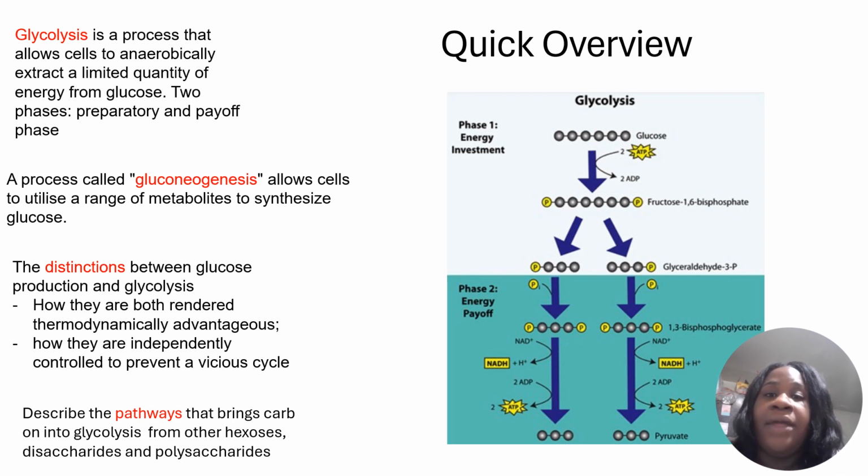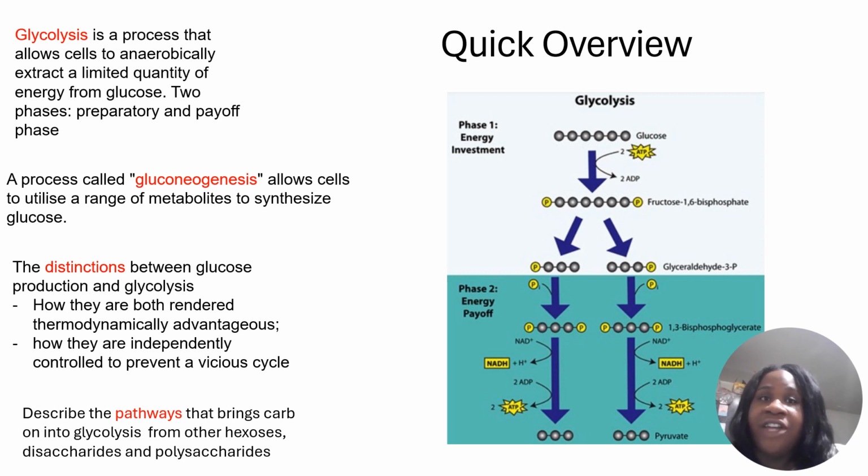That is catalyzed by phosphoglycerate kinase. Third step, 3-phosphoglycerate is rearranged to 2-phosphoglycerate by mutase. Then you have the fourth step. 2-phosphoglycerate is dehydrated to phosphoenolpyruvate, and that's catalyzed by enolase.